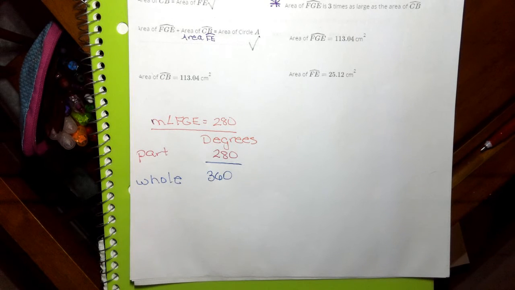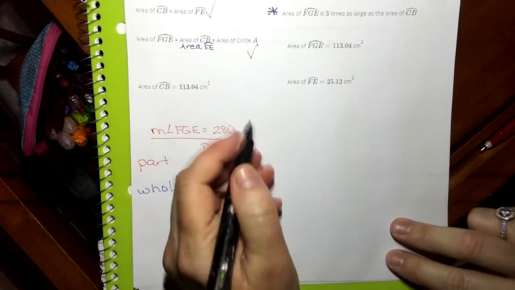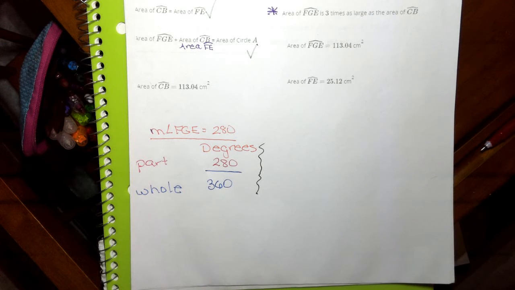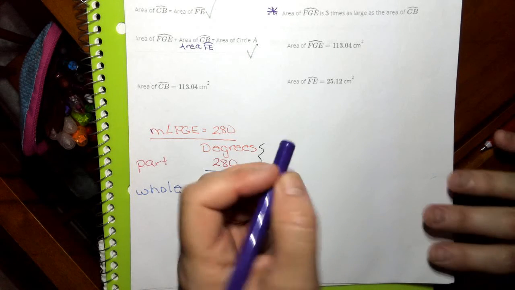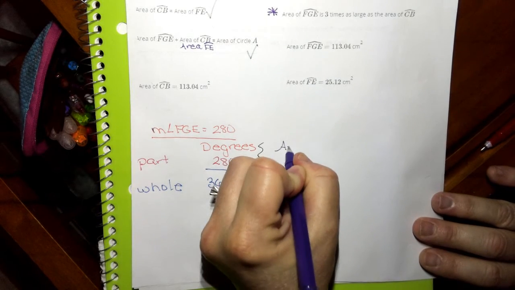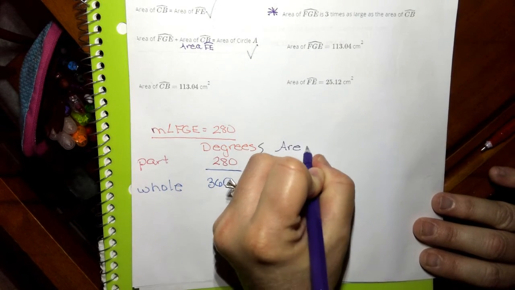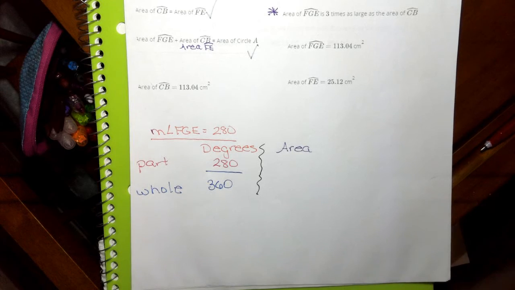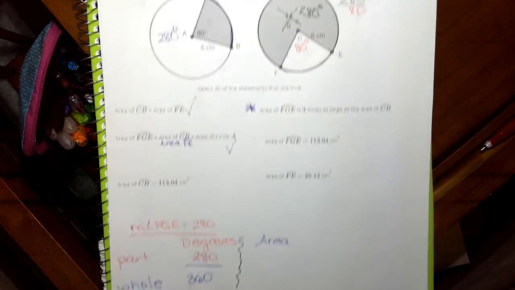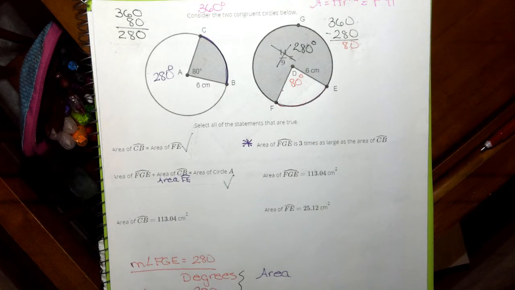Every circle measures 360 degrees. We want to compare that to our area. Okay, we have not yet found the area of these two circles, so we're going to come back up here and do that.